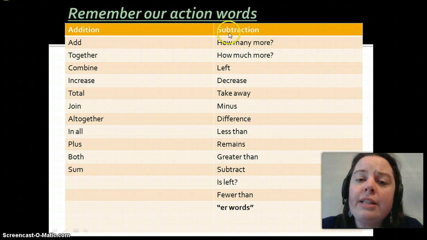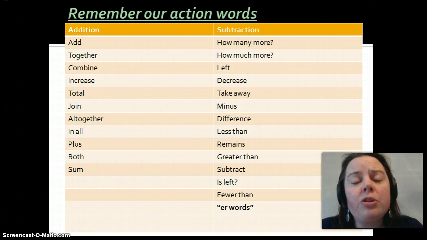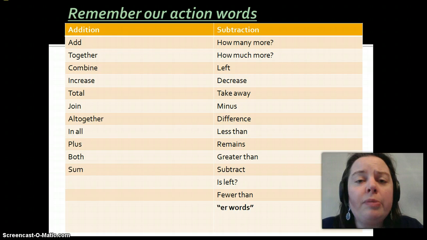If we see words and phrases like how many more, how much more, left, decrease, take away, minus, difference, less than, remains, greater than, subtract, is left, fewer than, or ER words like longer, shorter, taller, smaller, those are all words that are telling us that we're going to use subtraction. And that should be in your files that we've talked about in previous lessons if you need to go back and look at it again.